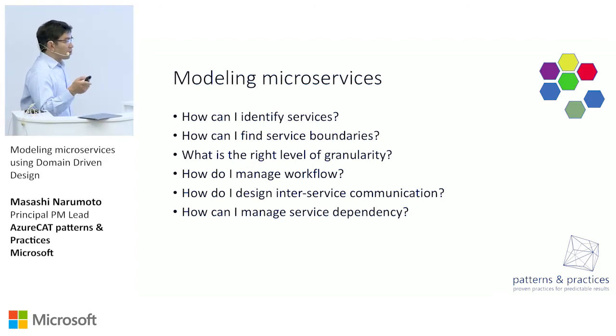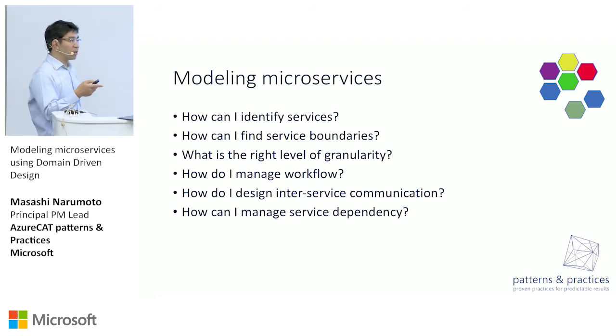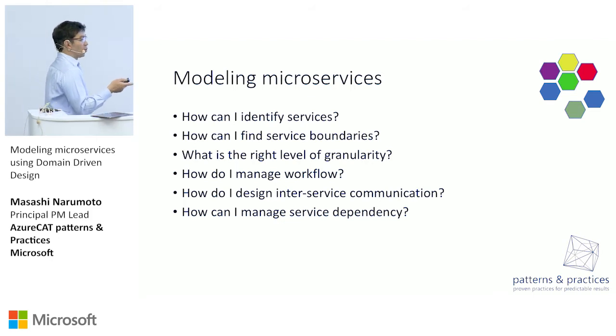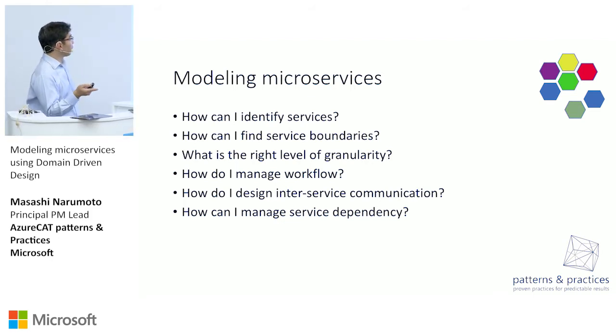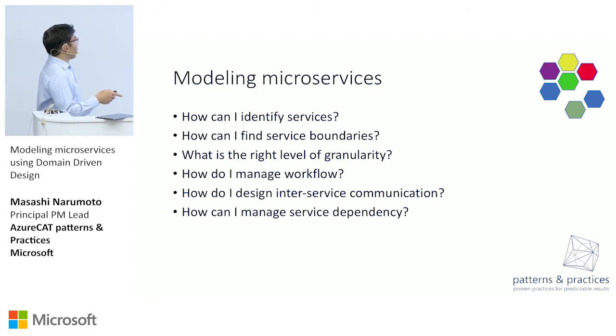We have to answer these questions when you are modeling services. How can I identify services? We are always saying there are 30, 40 services. Where do they come from, right? How can I find those service boundaries? What are the boundaries between the services? And what is the right level of granularity when you say microservices? How small or how large should they be? And how do I manage workflow?